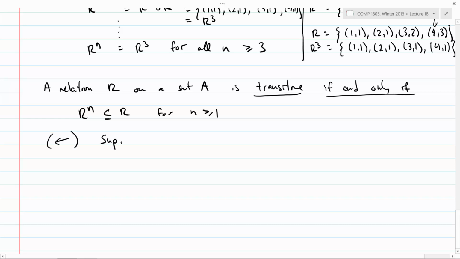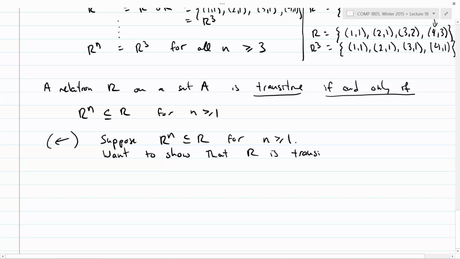Suppose R to the n is a subset of R for n at least 1. That's what I'm starting with, and now I want to show that R is transitive. That's my goal.